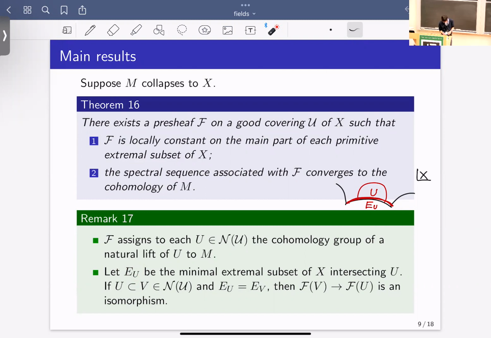More precisely, if U is contained in another element V of the nerve, and if EU is equal to EV, then the induced homomorphism from FV to FU is an isomorphism. This is our main theorem, and this is proved by extending Perelman's argument to each primitive extremal subset in X and combining it with the properties of a good covering.